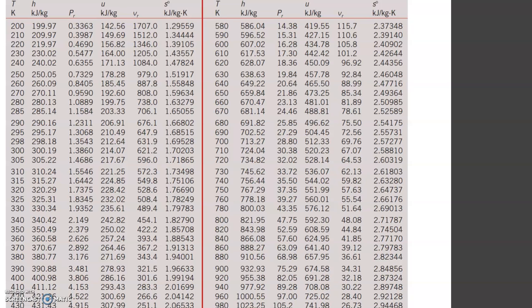So 400.98. And we also need the initial internal energy and final internal energy. If we look at the same temperature, because the process is a constant temperature process, at 400 Kelvin, the internal energy is 286.16.